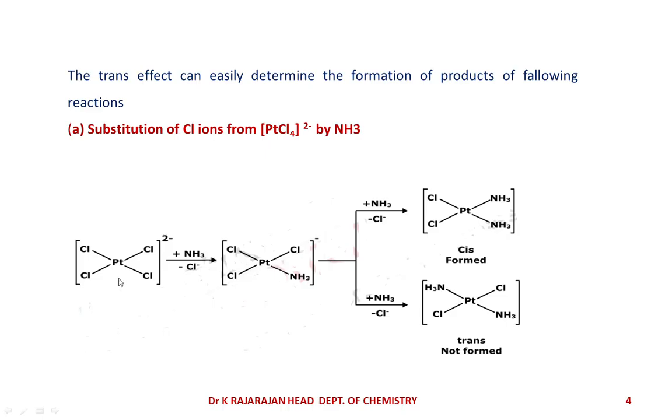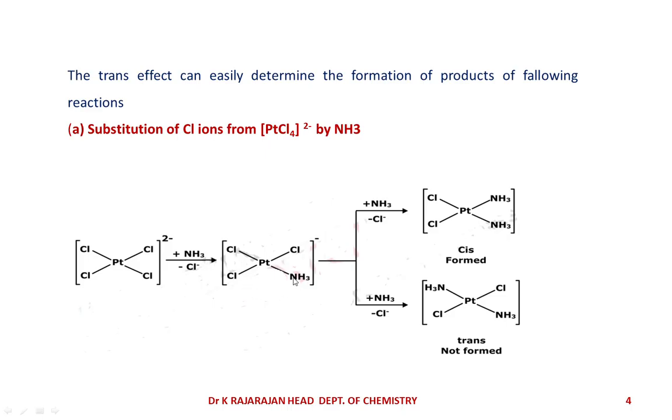In this, platinum is the central metal ion and all 4 chlorine atoms are identical. The charge is 2 minus. When this is allowed to react with one molecule of ammonia, let's see what will happen. Since all 4 chlorines are identical, one of the chlorines is replaced by the ammonia.